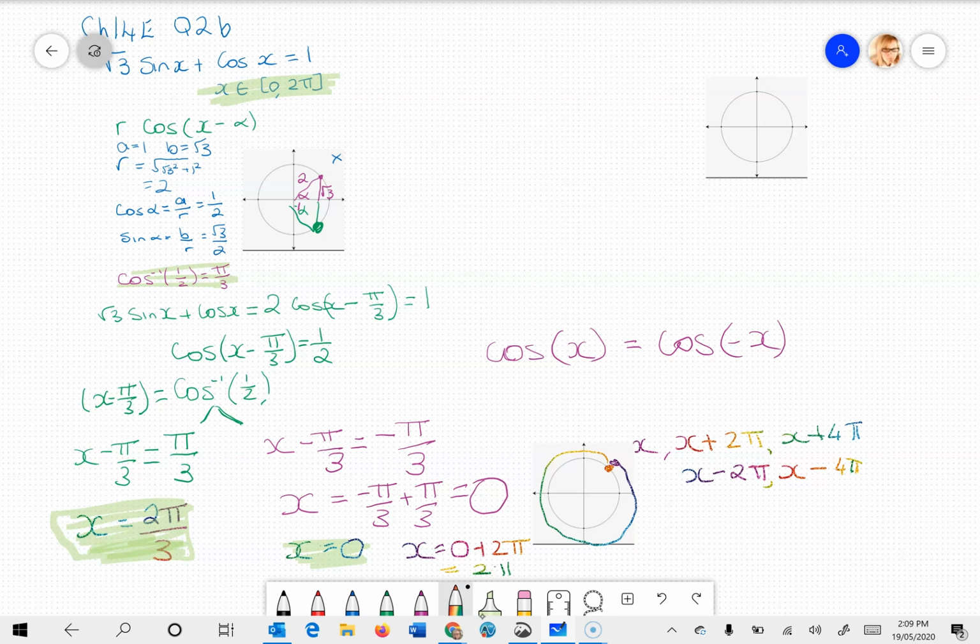So x equals 2 pi is another solution. So we have solutions: x has got to be an element of our set 0, 2 pi on 3 and 2 pi. And there we go.